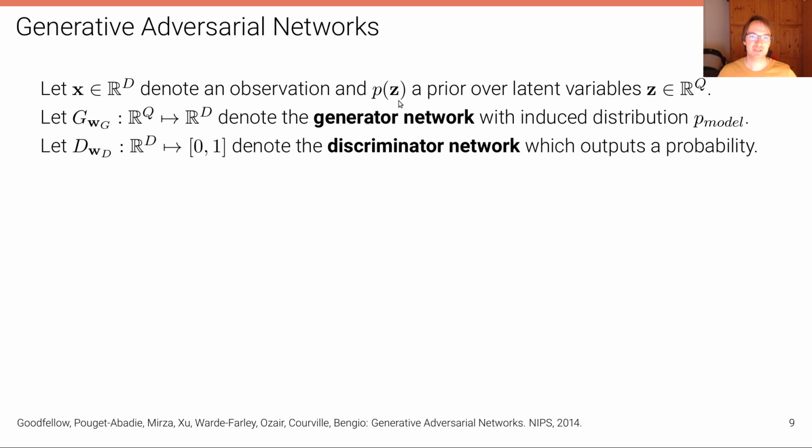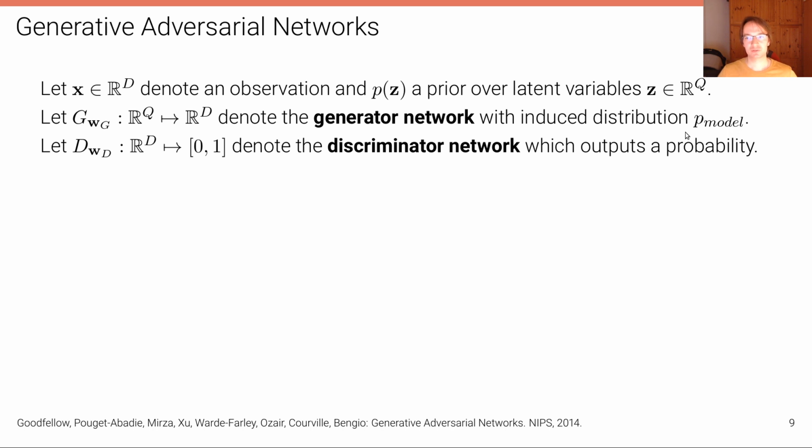And let P of Z be a prior over latent variables Z, an element of R^Q, where Q is the dimensionality of the latent space. Now we have a generator network G with parameters WG that maps from the latent code to the data space, to the observation space. So it produces a data point given a particular latent code.